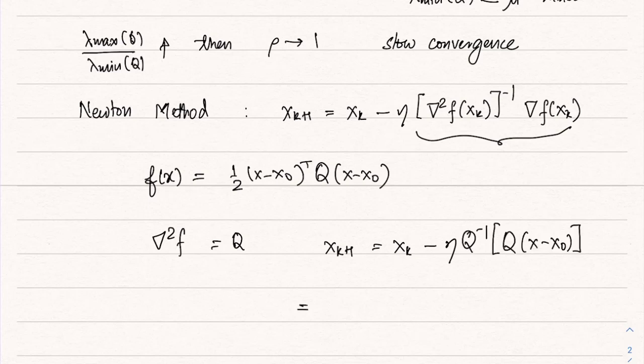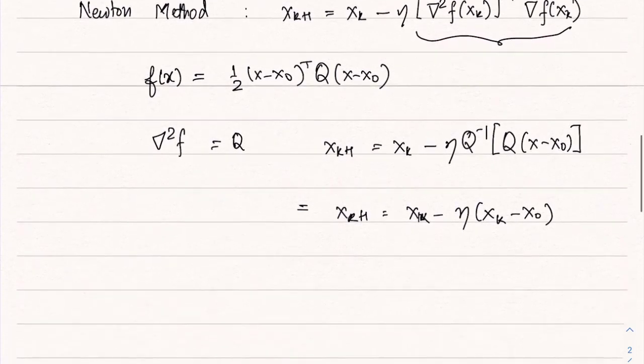So this is equal to x_{k+1} equal to x_k minus eta times (x_k minus x naught), right? So Q vanishes entirely from the updates, and in fact you can see that it becomes almost trivial. In fact, in the quadratic case we never need to apply Newton method, obviously, because here the optimum is already known and Newton method gives you the optimum.